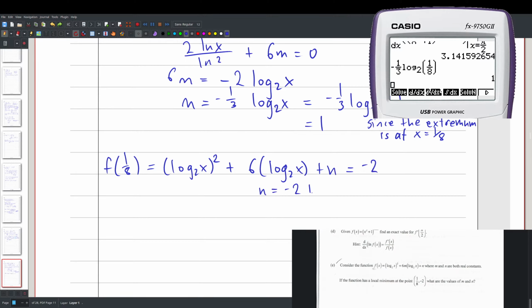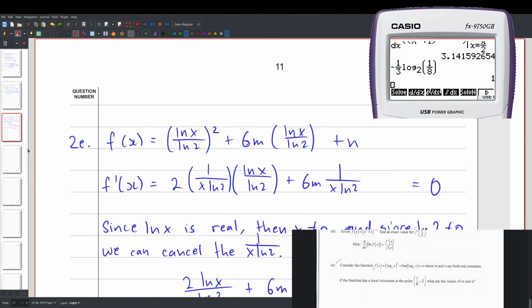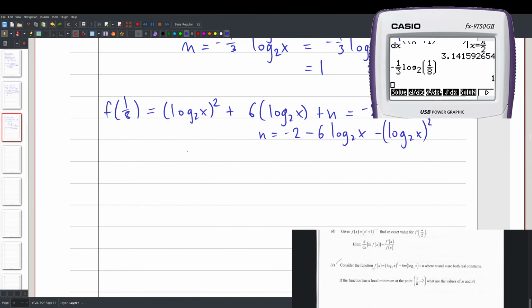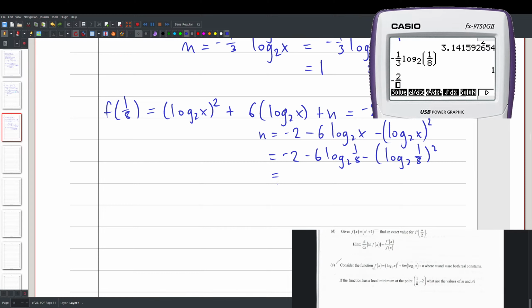N equals negative 2 minus 6 log 2x minus log 2x squared. Well, x in this case is 1 on 8, so negative 2 minus 6 log 2 1 on 8 minus log 2 1 on 8 squared, which is equal to 7 apparently.